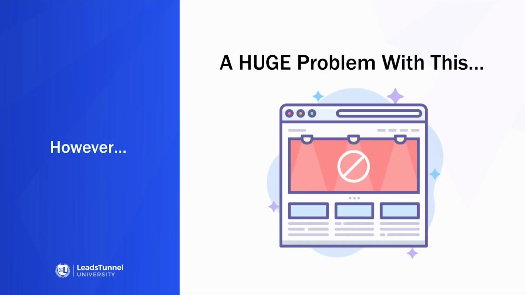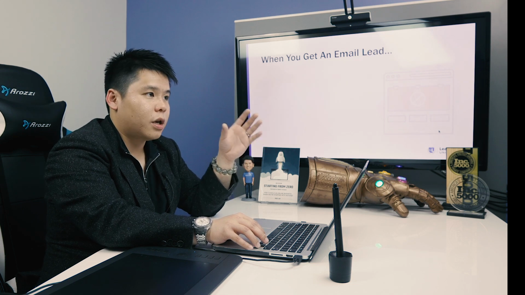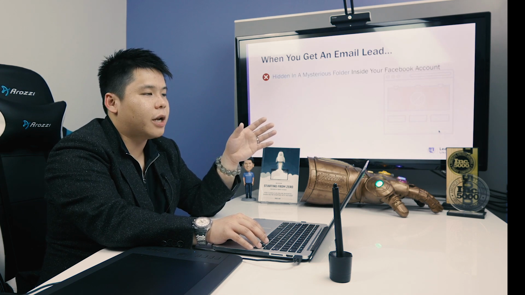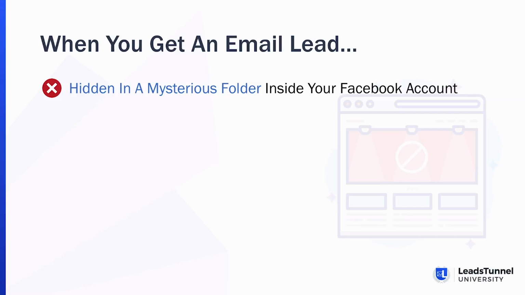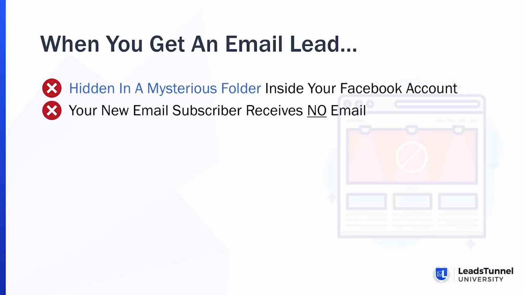That said, here's a big problem though. All right, we just set this all up, and if you recall the blueprints, automation is the key. However, right now, yes, we got our first Facebook lead ad up, but here's a huge problem that we are going to encounter. When you get an email lead or when you get the prospect's information, all that information is actually hidden in a mysterious folder inside your Facebook account.